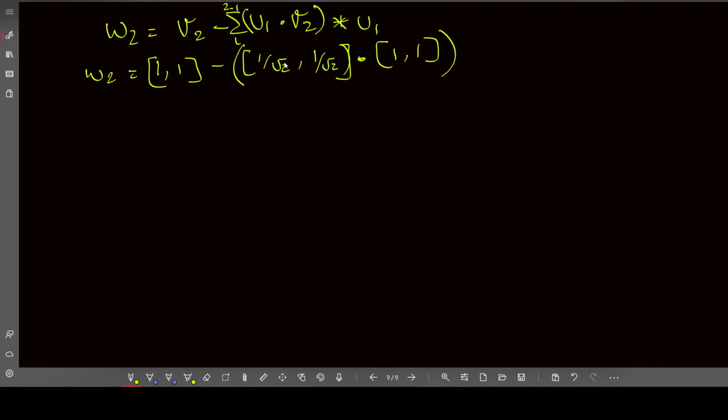And when you do the dot product, you get a scalar quantity. You just multiply it by the vector U1, which is basically 1 by root 2 and 1 by root 2, right? So when you do this, you get 1 comma 1 minus x to x, y to y. It's a dot product multiplication, and then you add them.